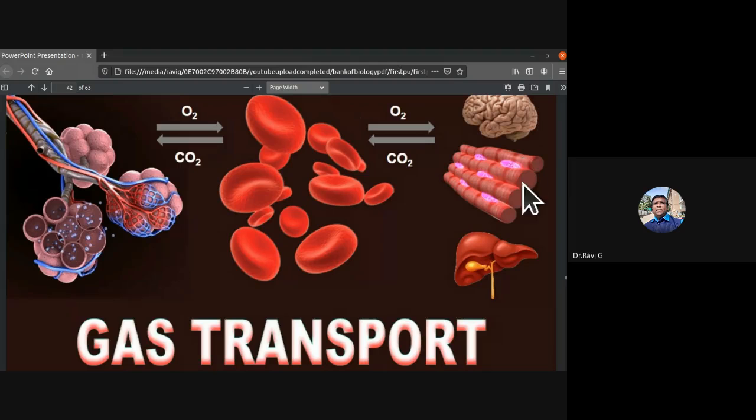That is how oxygen is supplied to the different tissues of our body. The carbon dioxide is carried as carbonic acid, as carbaminohemoglobin, and also as bicarbonate ions. The majority of the carbon dioxide is carried as bicarbonate ions. These are the gaseous transport mechanisms that we'll be discussing in detail.